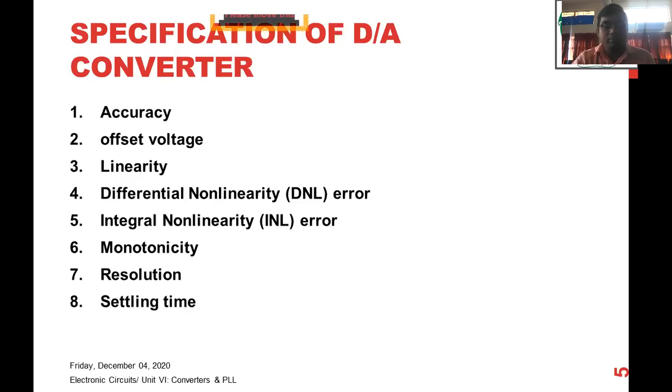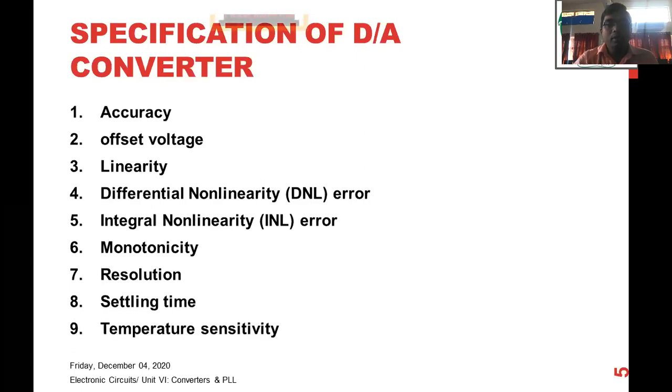Eighth is settling time. So there are 8 specifications I have put up here, but you have to go through the details of these specifications. They could also be asked in orals, examinations and interviews. So for all these terms we have to know their definitions and examples as well.